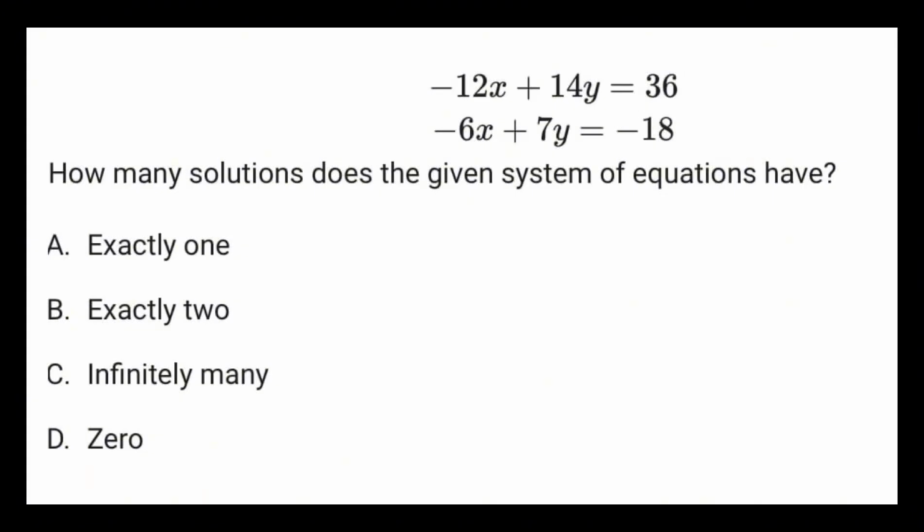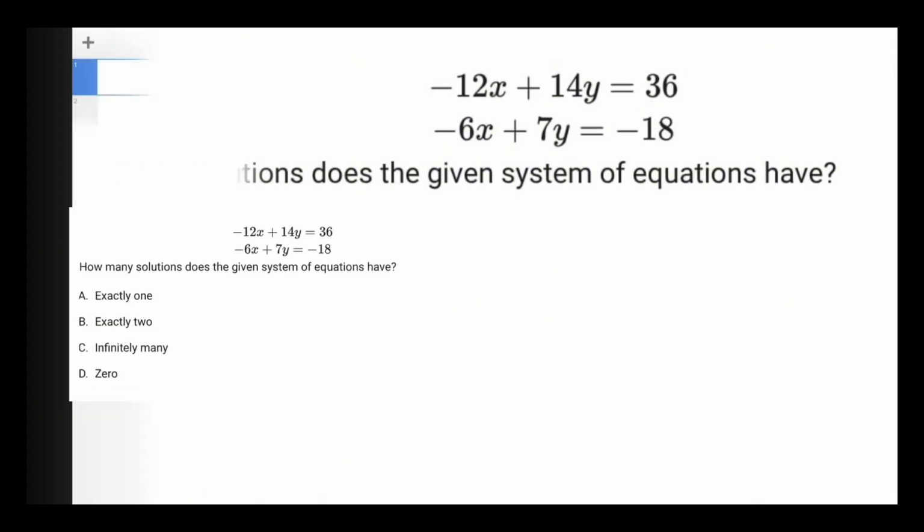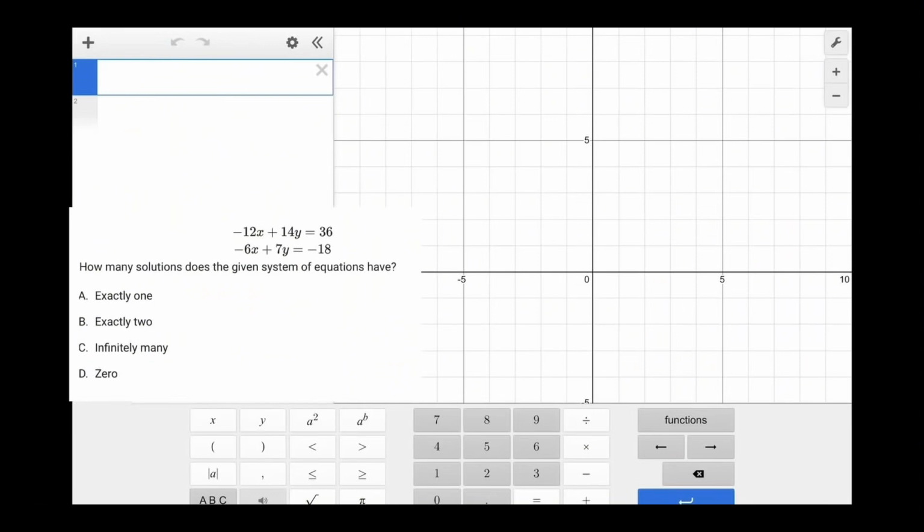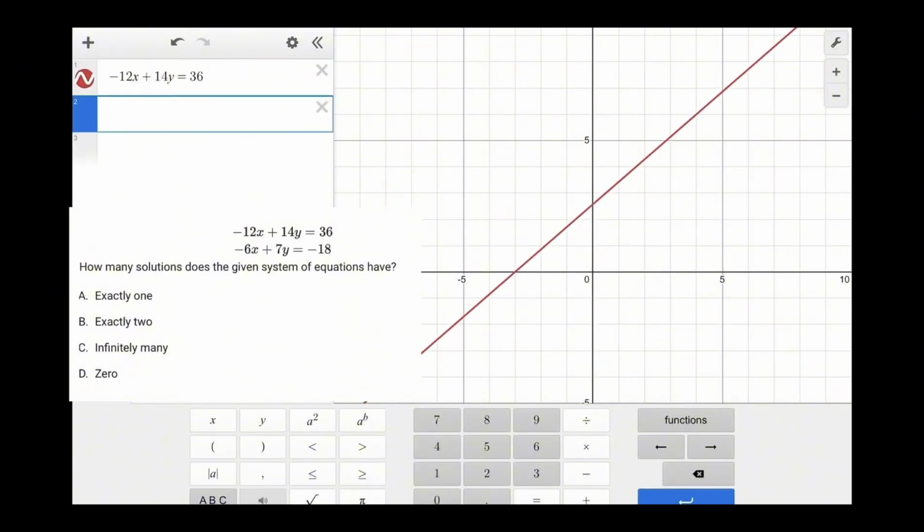Alright, let's move on with this question. So negative 12x plus 14y equals 36, and now all we gotta do is type both equations in decimals. So this 14y equals 36. The second one's gonna be negative x plus 7y equals negative 18.